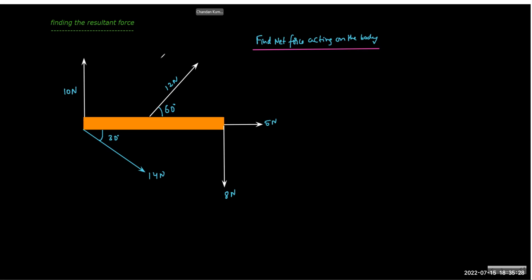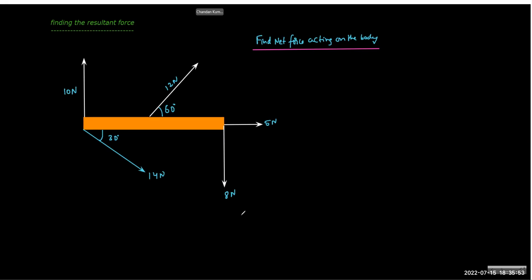So now I'm not going to tell you anything. You will tell me what your logic says, what your common sense says, about the right choice of x and y axes. Should I take x axis like this and y like this? Is it a good choice? No, definitely not. See, mathematics is very natural.